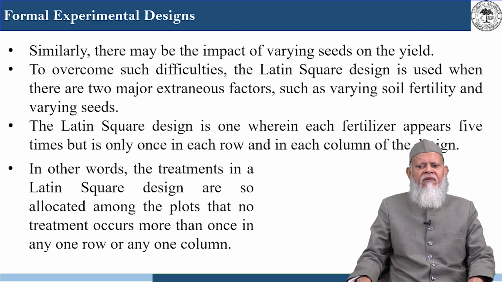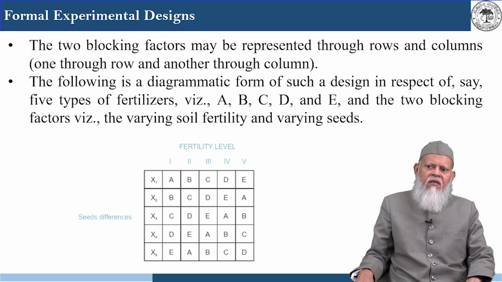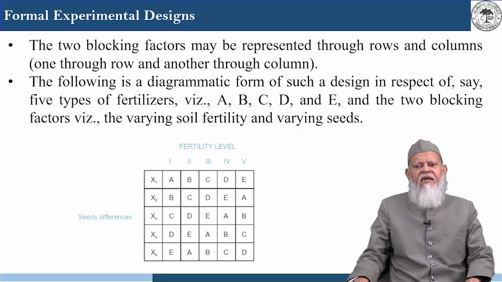So, in other words, the treatments in Latin square design are allocated among the plots so that no treatment occurs more than once in one row or any column. That is the beauty of this design. The two blocking factors, that is extraneous variables, are represented through rows and columns, one through row and another through column.